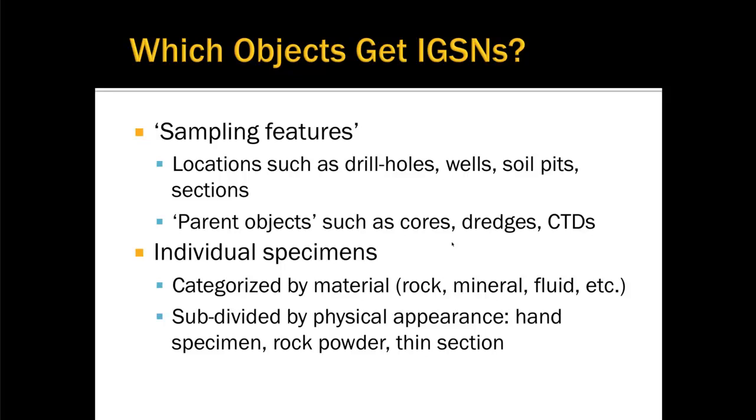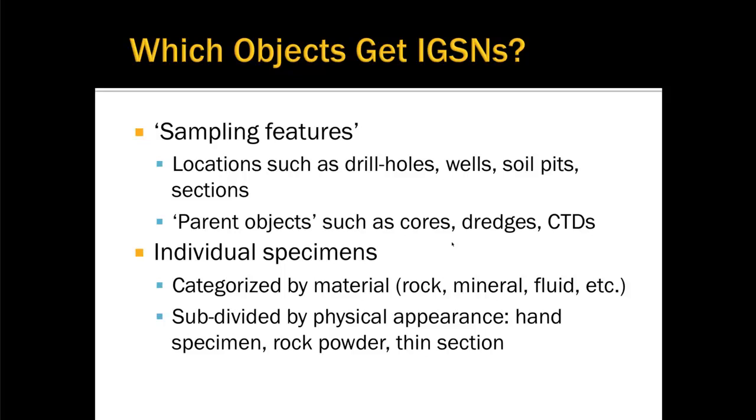There are the higher level objects, mostly parents of samples, and their subsamples are either locations such as drill holes or wells, soil pits, or terrestrial sections, stratigraphic sections, and so on, or parent objects like entire cores, dredges, CTD casts, and so on, and then the individual specimens that are taken from these parents.